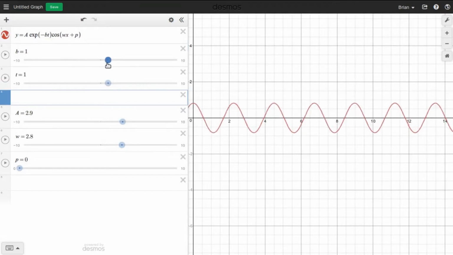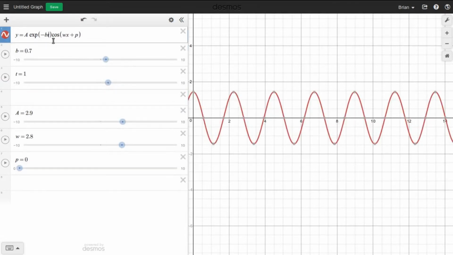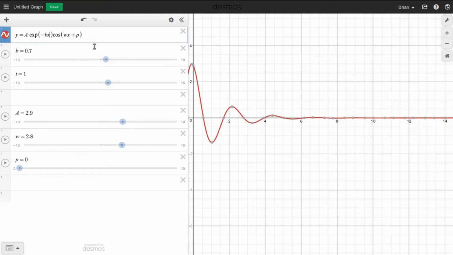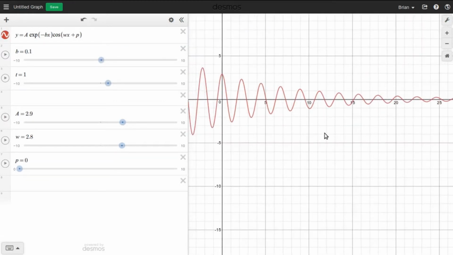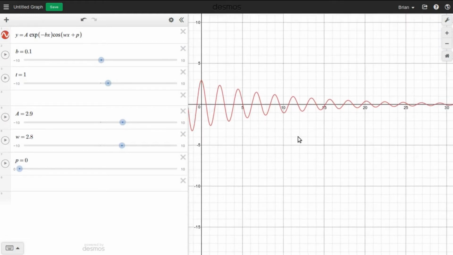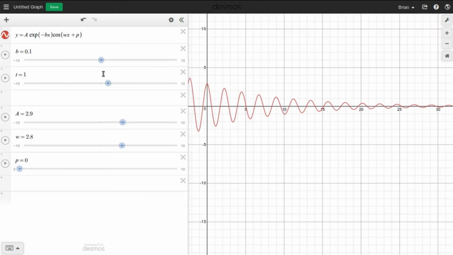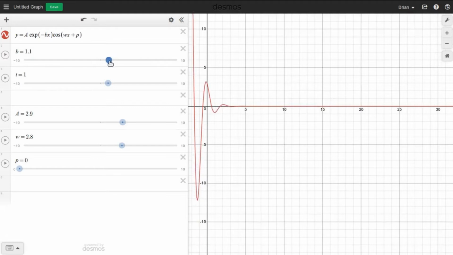What happens with that? Well, it helps if we use the same variable, bx. There we go. Now, when we make this parameter smaller, it takes longer for those oscillations to die away. When we make the parameter bigger, it takes less time. This is a damping parameter.